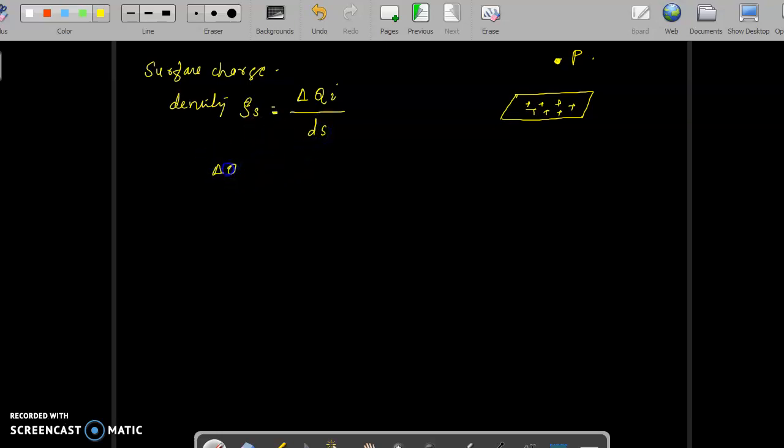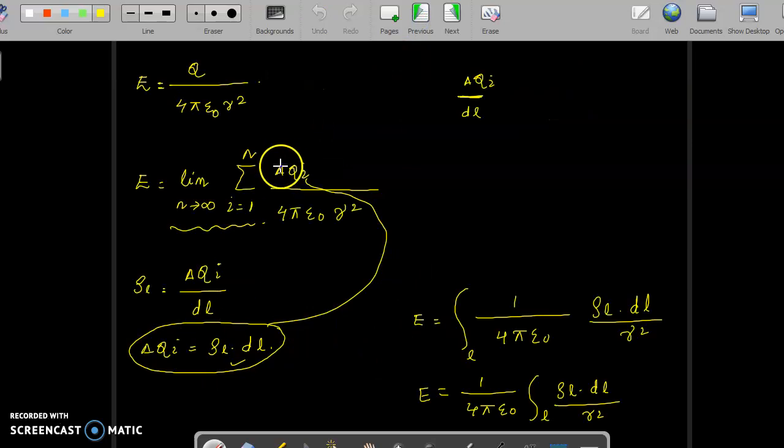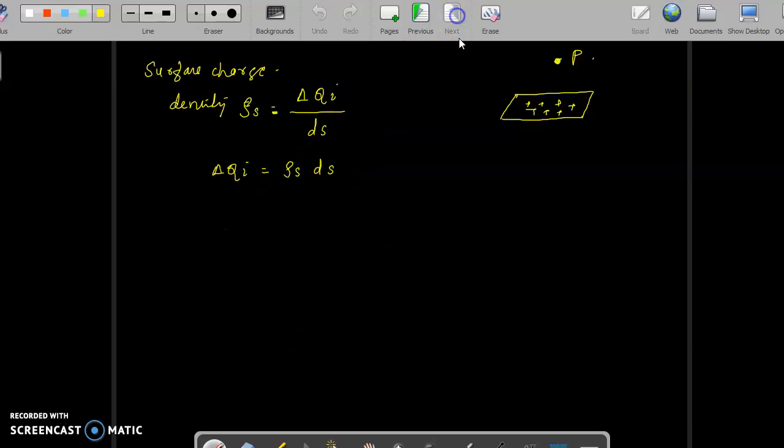So delta Qi becomes rho s into ds. If you replace delta Qi with rho s and ds, the E becomes 1 by 4 pi epsilon, integrating over the total surface, rho s ds by r square.